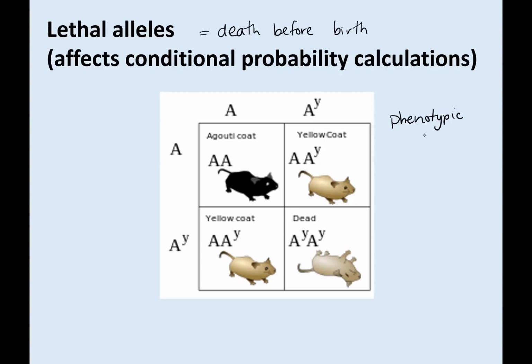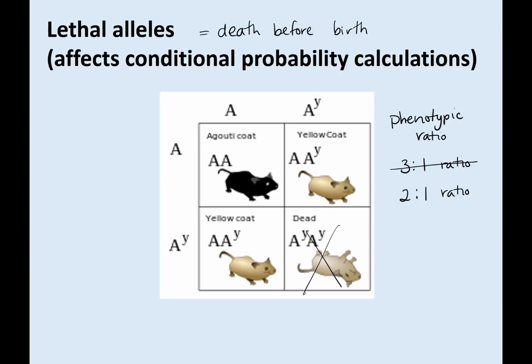So you would expect for a heterozygous monohybrid cross a 3-to-1 ratio. And in this case, you're getting a 2-to-1 ratio. Okay, because one phenotype is lethal, and so you don't see those offspring.